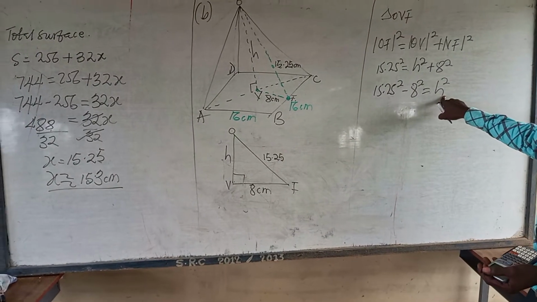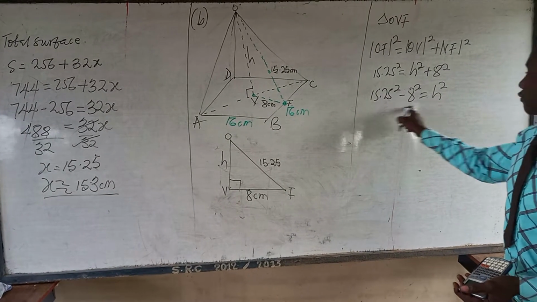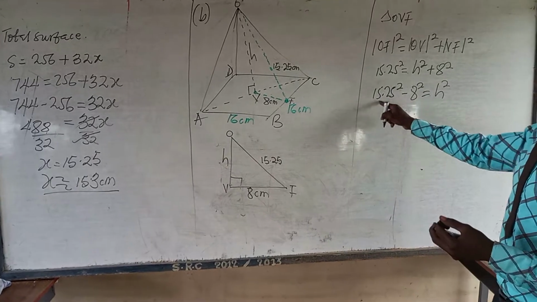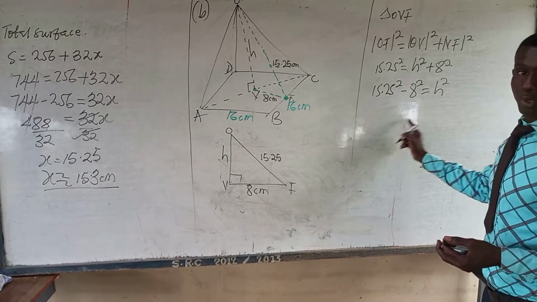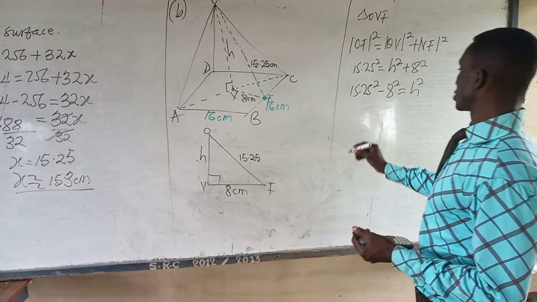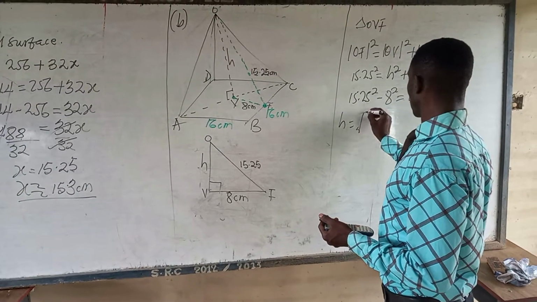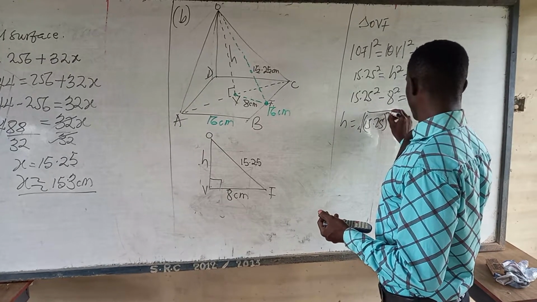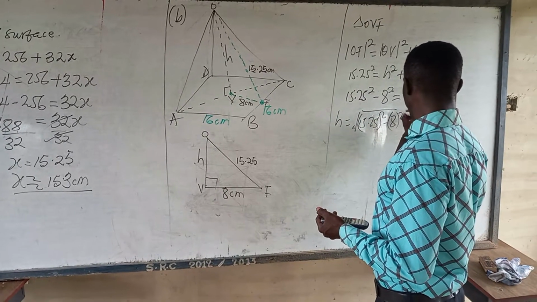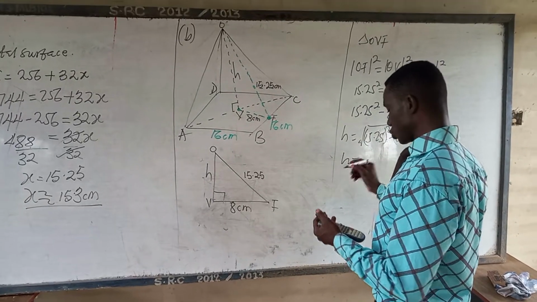I want H, so I will take square root from both sides. So H will be equal to the square root of 15.25 squared minus 8 squared.